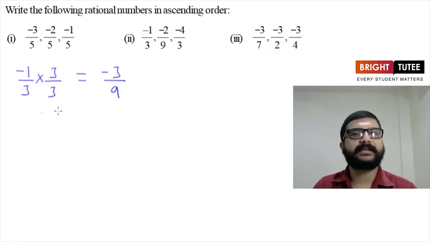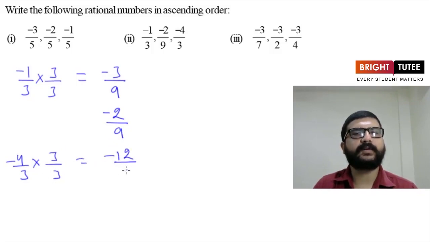And the second number is minus 2 upon 9. It is already having denominator as 9. And the third one is minus 4 upon 3. We have to multiply this with 3 upon 3. Now this will be minus 12 upon 9. Now among these numbers, which one is the smallest? Smallest is minus 12 upon 9.